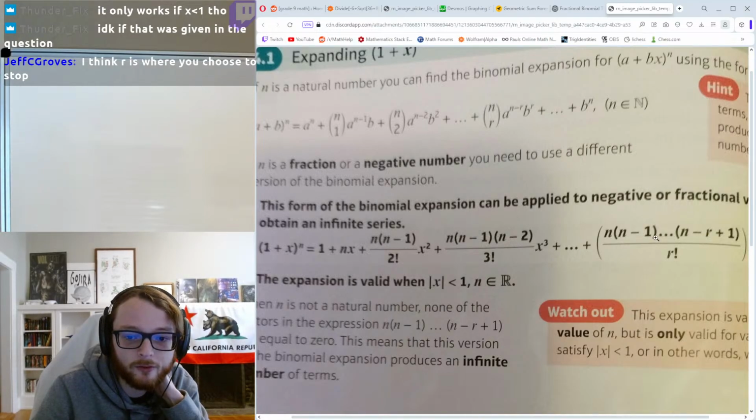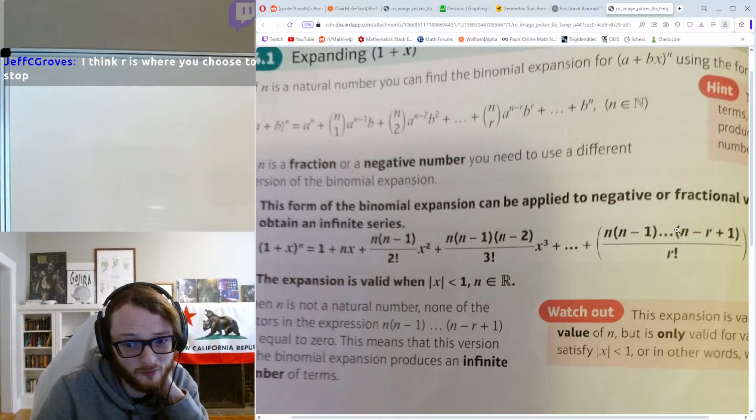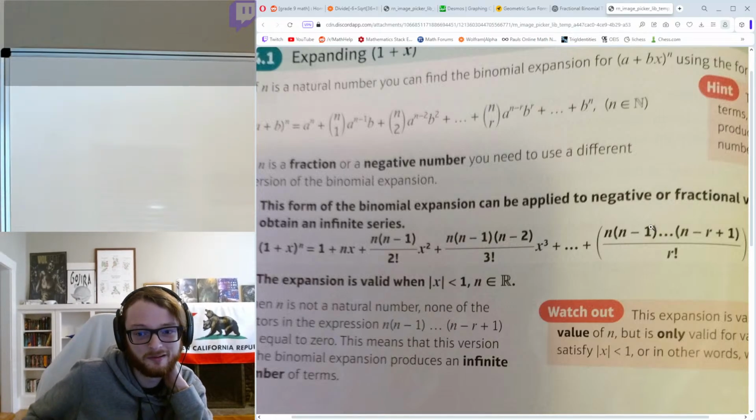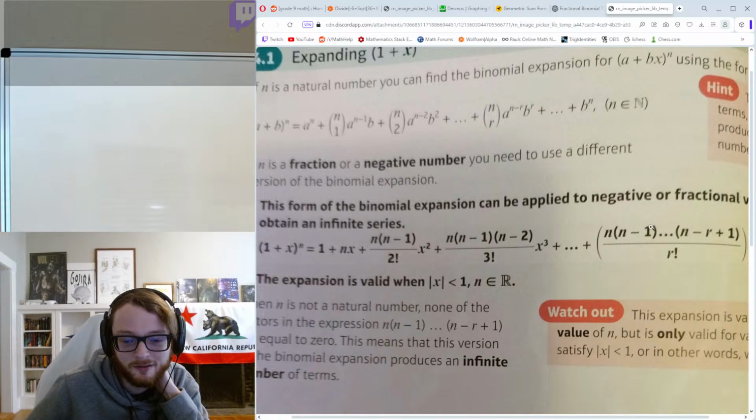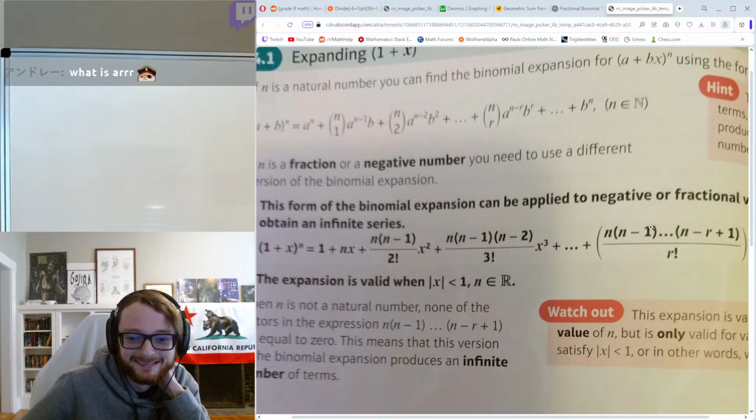So they need the sixth term of the expansion, so I guess it's going to be 1/2 minus 1? 1/2 minus 2? That feels so wrong. Why do we get... I guess it's okay to get negative numbers for the coefficients.